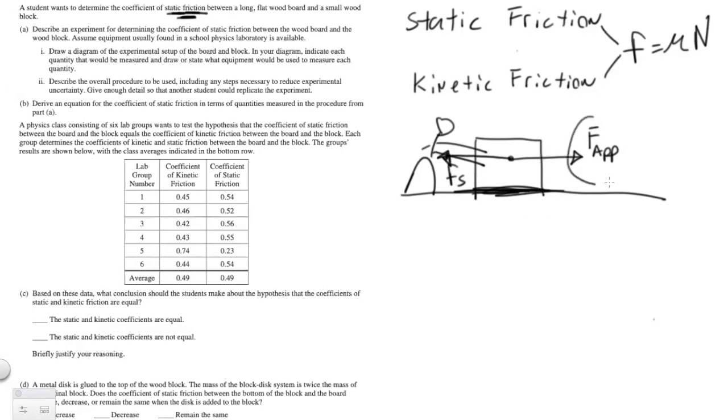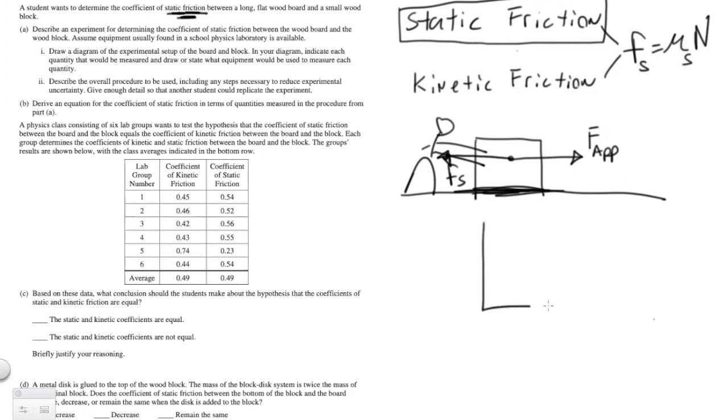As this applied force gets bigger and bigger, the static friction also becomes bigger and bigger. The thing to realize is that static friction, where this is mu static, is not like it can be only one value.